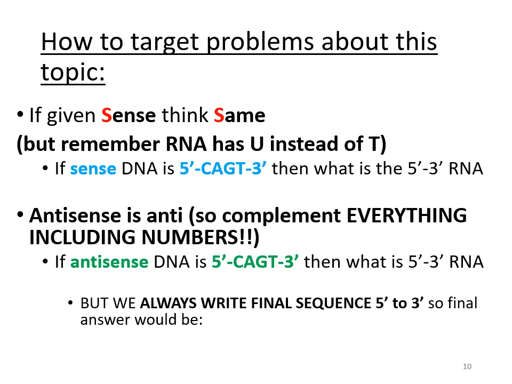Since this is sense DNA that we are given, our RNA should look the same. So it would be 5', C, A, G, and then because it's RNA, U instead of T. And it continues to the 3'.